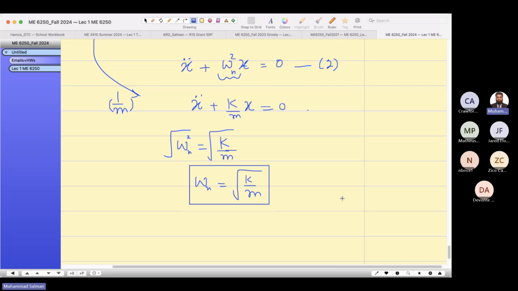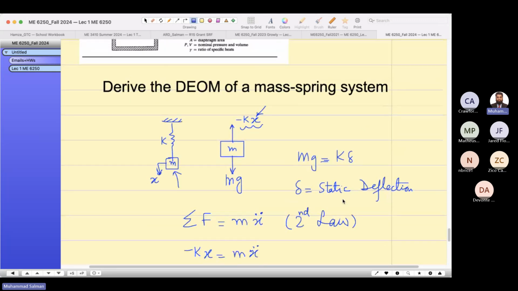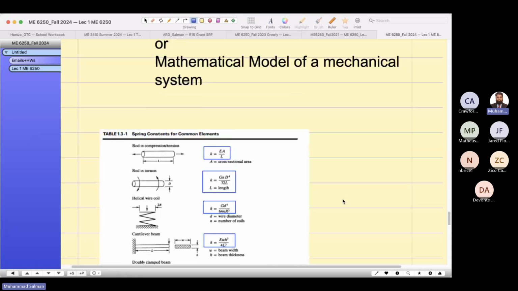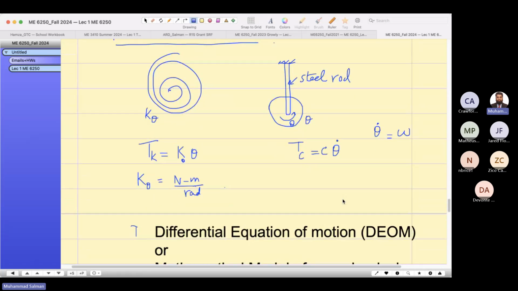Now I want to show you how you will find the natural frequency of a torsional spring. Have you understood this linear spring and mass system? Let's discuss the differential equation of motion of a torsional spring. So let's take this as a torsional spring.